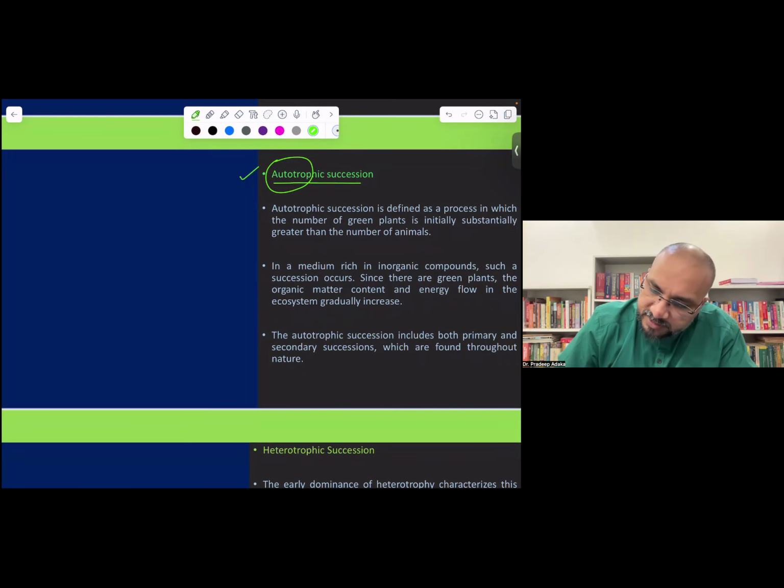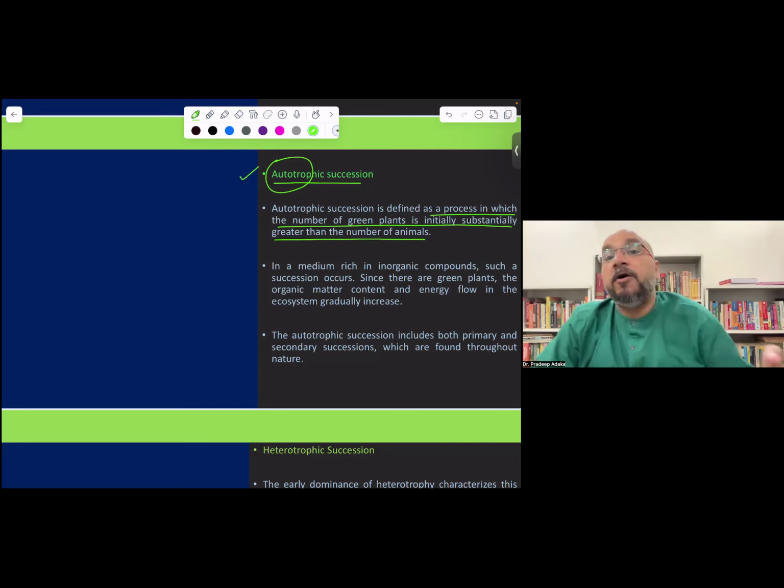So autotrophic succession is defined as a process in which the number of green plants is initially substantially greater than the number of animals. Autotrophs are greater in number than heterotrophs in the initial stages. Then it is called as autotrophic succession.